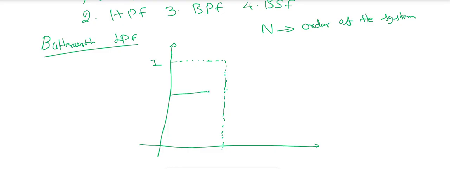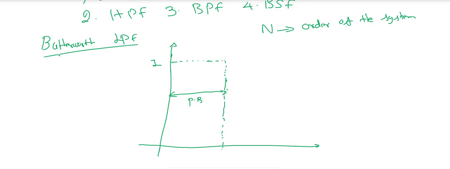We already discussed this in the last videos. In this low pass filter, this is the pass band region. There will be ripples in the pass band and ripples in the stop band.